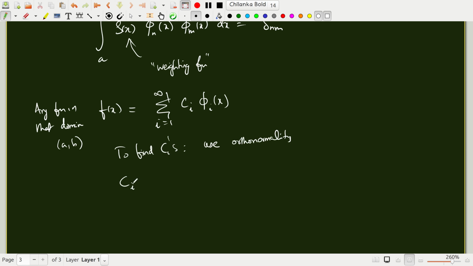Okay, so ci is nothing but integral a to b rho of x f of x phi i of x dx. Okay, this is as simple as that. So you can expand any function in the domain in terms of these eigenfunctions.